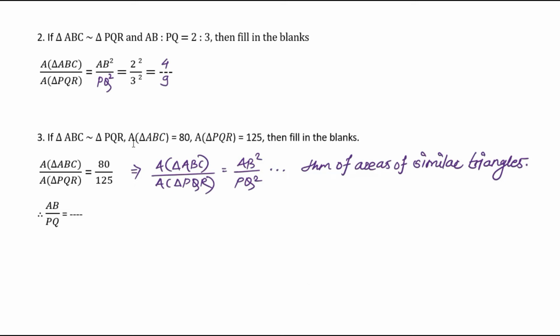If these two triangles are similar, then only we can write this. This is what we learned in this theorem. Now, here area of triangle ABC is 80. So we can write 80 upon 125 is equal to AB square upon PQ square. So let's write it.